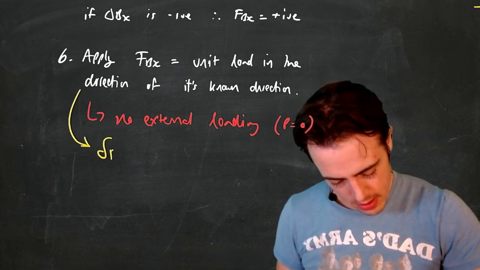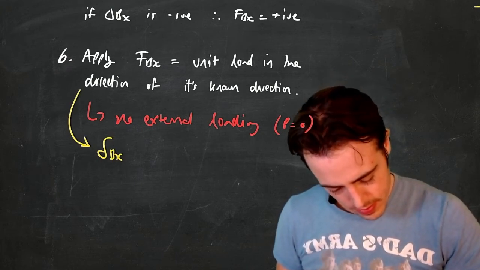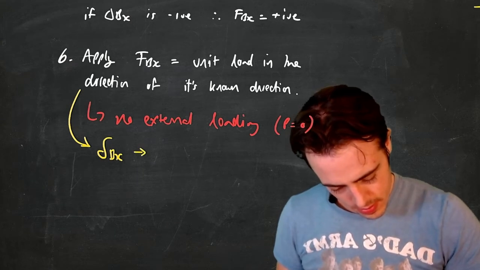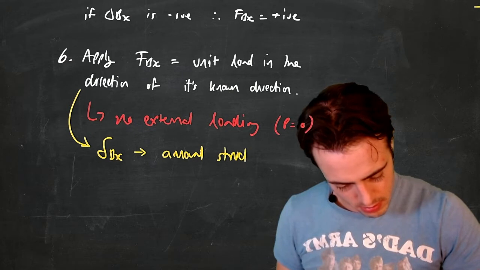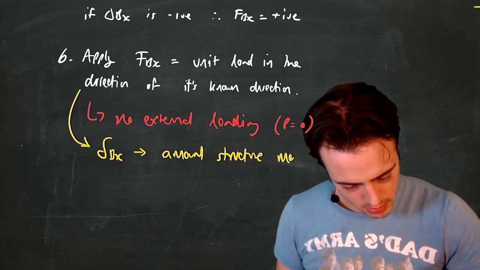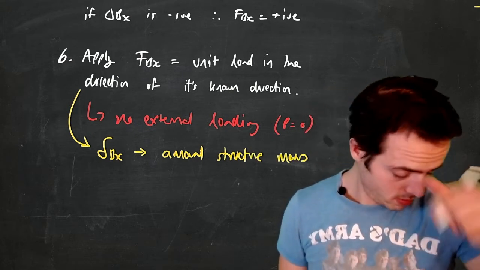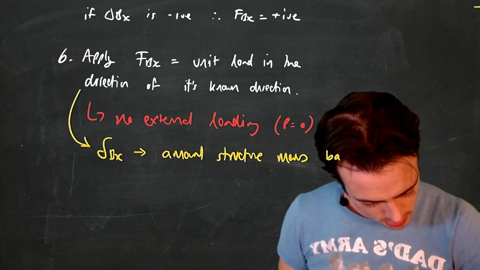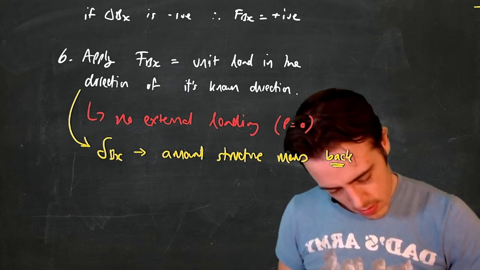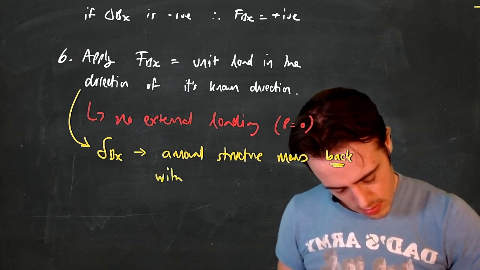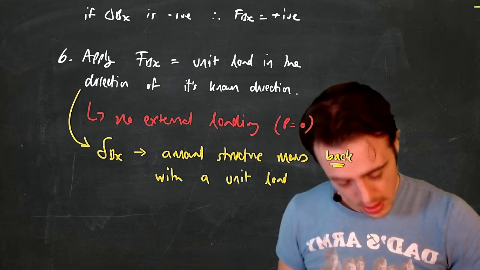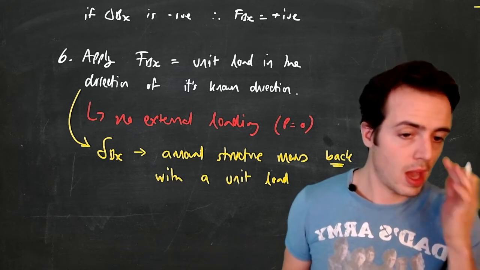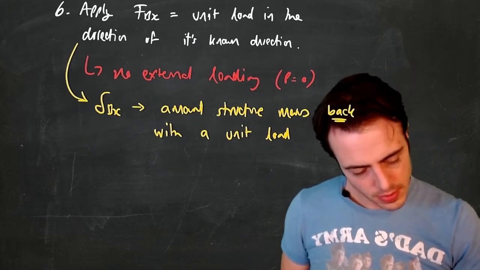We get delta Bx. That's then the amount the structure moves back under that unit load.